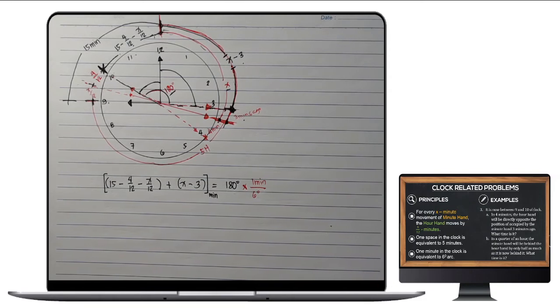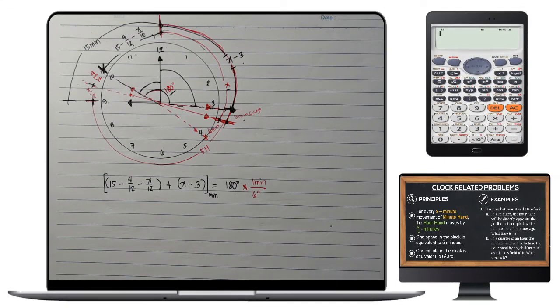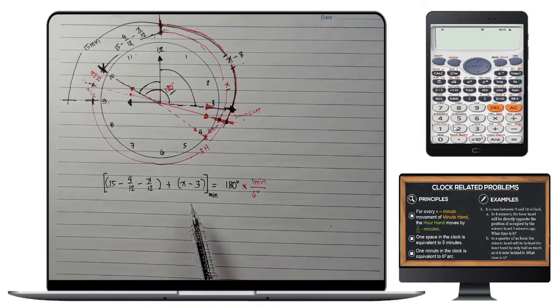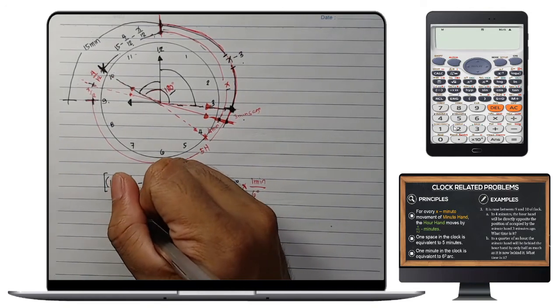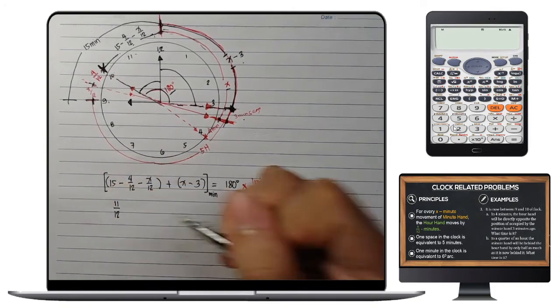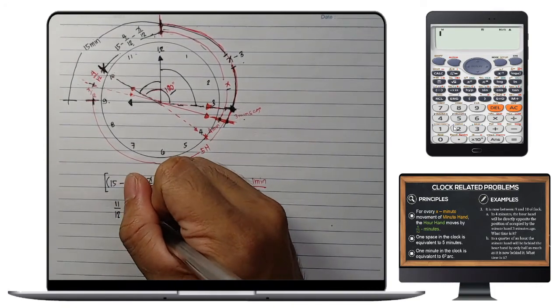So let's use our calculator. I'll start with the x: x minus x over 12 is 11 over 12 x.